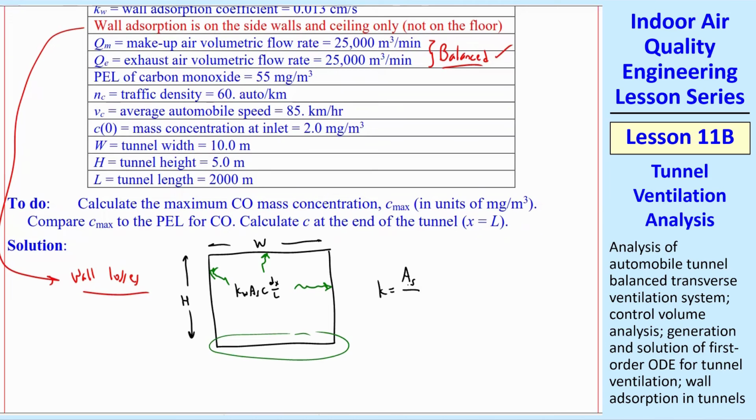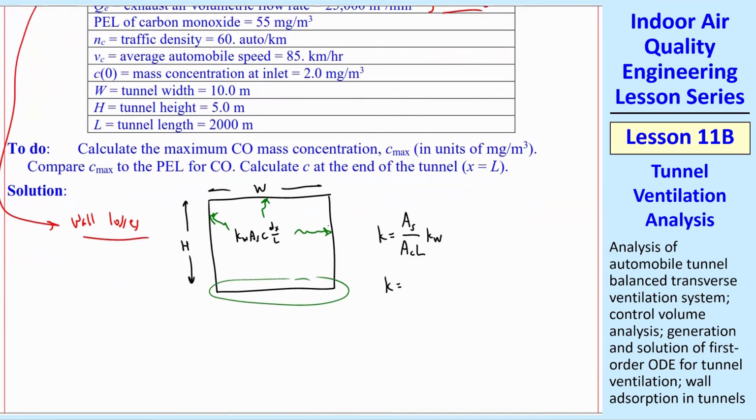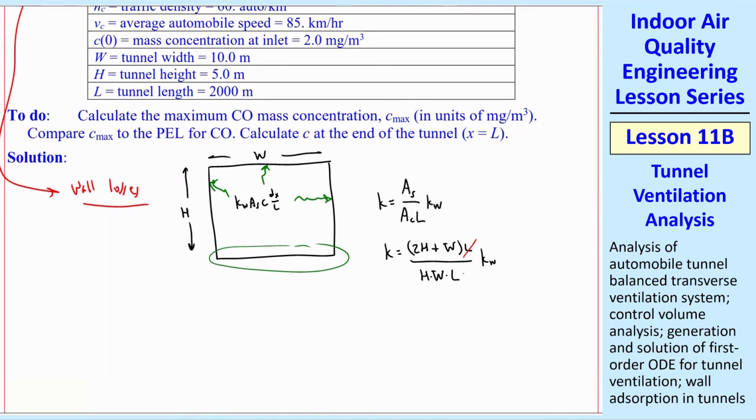AS, the area that we're adsorbing the contaminant, over AC L times KW. So here, there's two sides, so it's 2 times H plus 1 ceiling, which is W, times the total length into the page. That will give me the total adsorbing surface area. The cross-sectional area is H times W, and then there's an L in the denominator, and then there's a KW. The L's cancel, so my K will be 2H plus W over HW times KW.